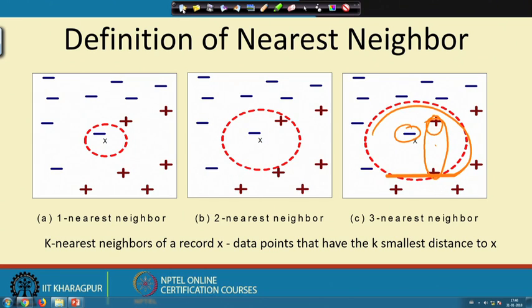I can make a slight modification to this. Instead of just an equal contribution to the vote, I can say that points which are closer have a higher contribution to the vote, have more voting power, the points which are closer to the new point which I want to classify. So, here this minus has more voting power than these 2 points.